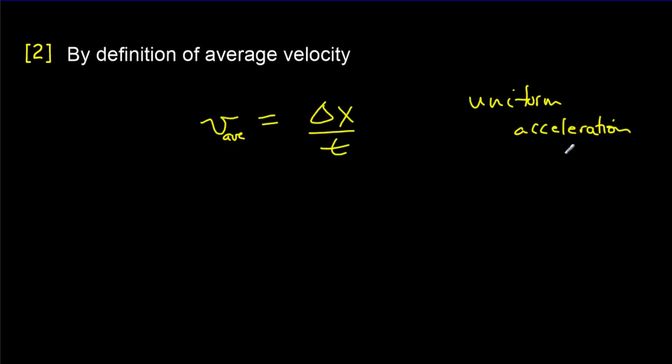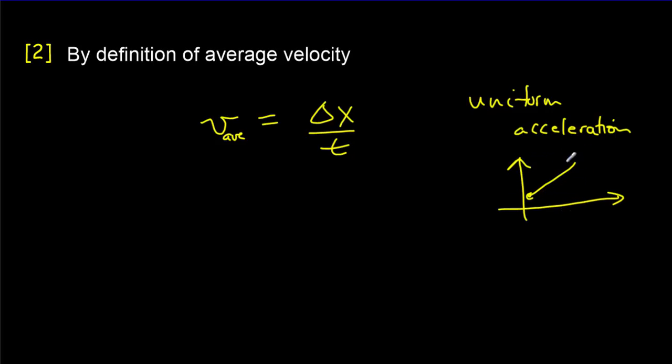Our second equation just comes from our definition of average velocity. Remember that velocity is equal to the rate of change of displacement per unit time. For an average velocity, under the situations where you have uniform acceleration, and that's very important. When you have uniform acceleration, that means your velocity is growing at a constant rate.